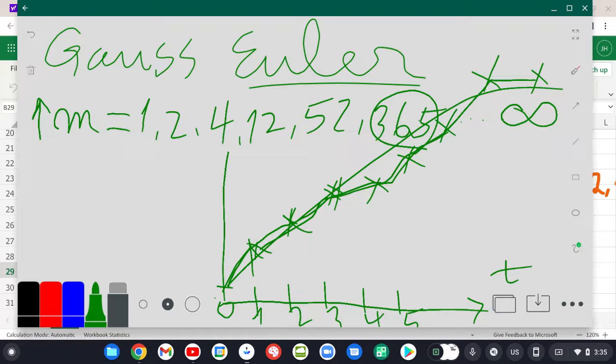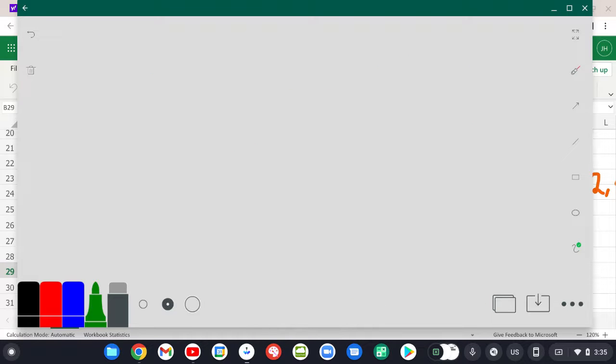So that's the idea. That's why when we use daily compounding, it will give you greater future value.